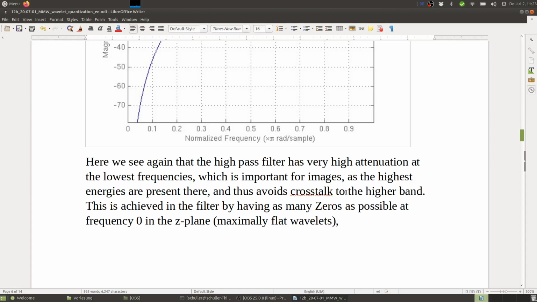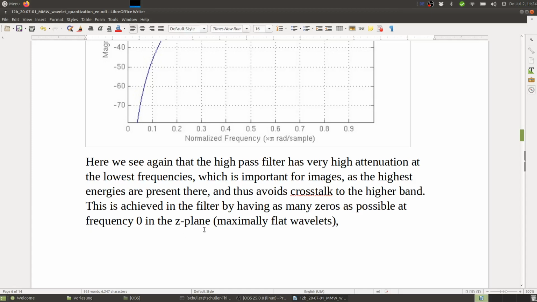Right, it avoids crosstalk to the higher band. And this is achieved in the filter by having as many zeros as possible at frequency 0 in the z-plane. So the z-plane is what characterizes a signal or a filter in the z-domain.